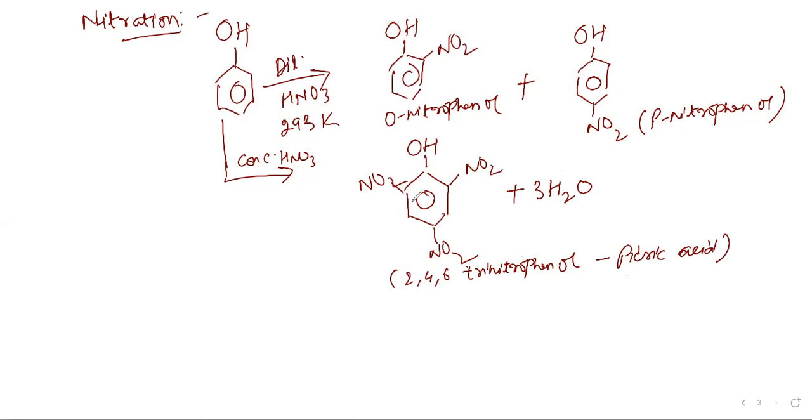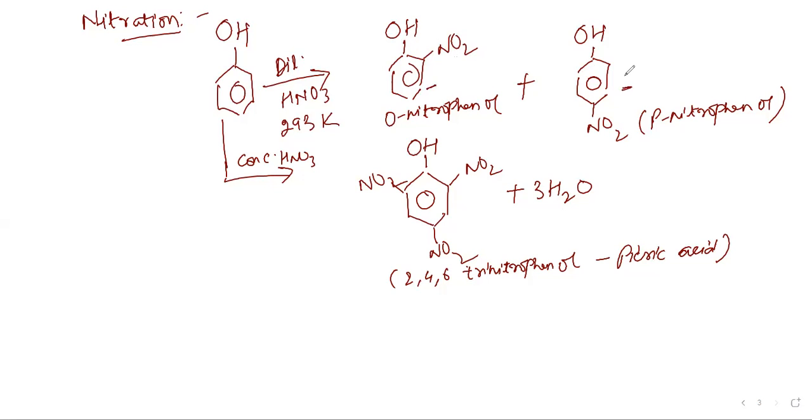This is an important reaction. Picric acid we get when we use concentrated nitric acid. With dilute nitric acid, we get ortho-nitrophenol and para-nitrophenol. Remember that ortho-nitrophenol would be in minor quantity and para-nitrophenol in major quantity, based on the explanation we have seen in the previous reaction.